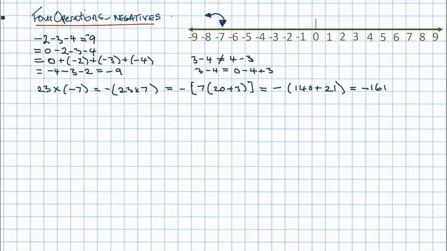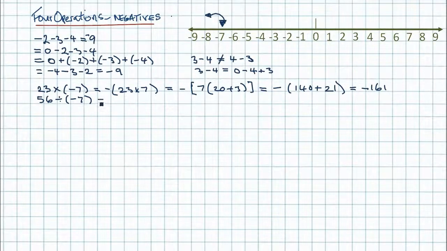Okay, let's do division next. What if we choose some numbers, keep them simple, keep them whole numbers that we recognize from our times table. So 56 divided by -7. What's that going to be?